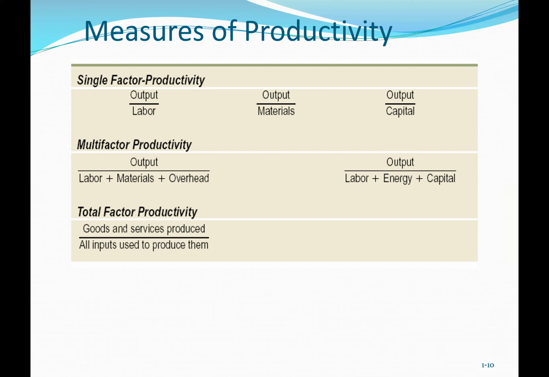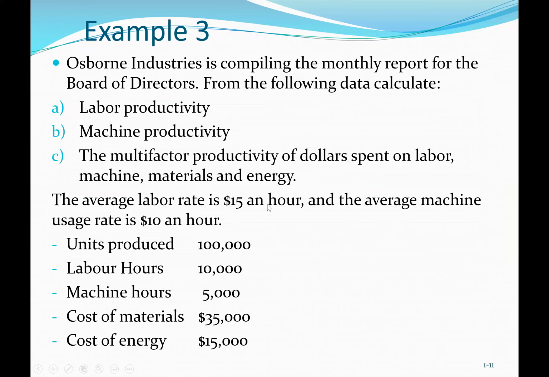As a plant manager and the owner, you want to look at multi-factor productivity or overall productivity, and that could come down to output over labor plus material plus overhead, or labor plus energy plus capital, and so forth.